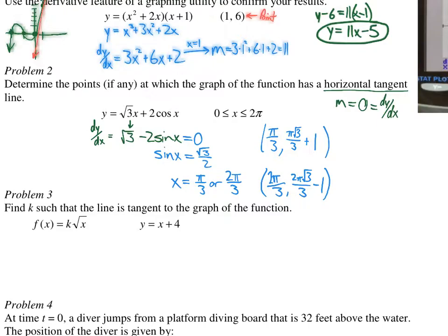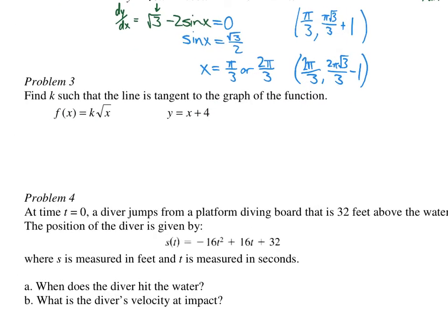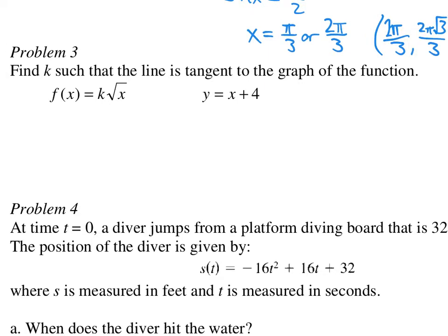All right, let's move on to problem 3. Okay, here's another application. We want a coefficient k of the radical function that will make this line tangent to the radical function. So this one's a little bit different.